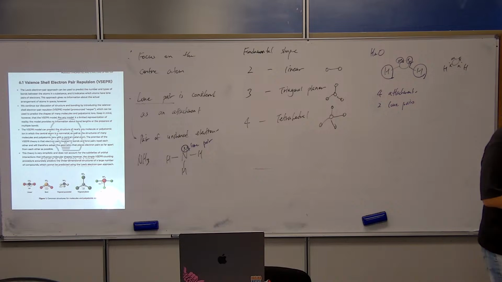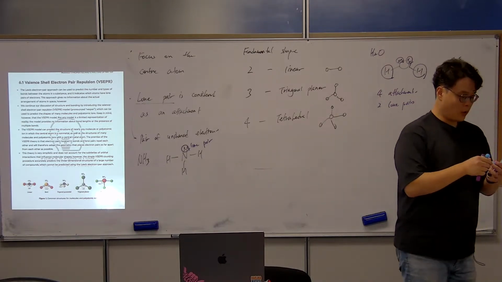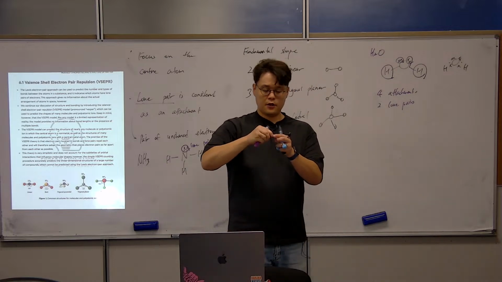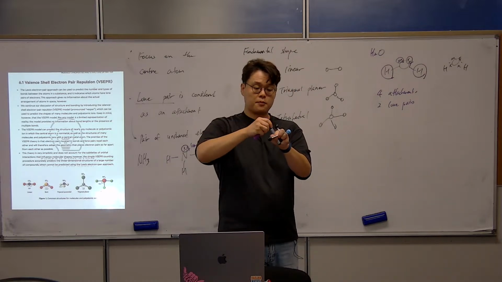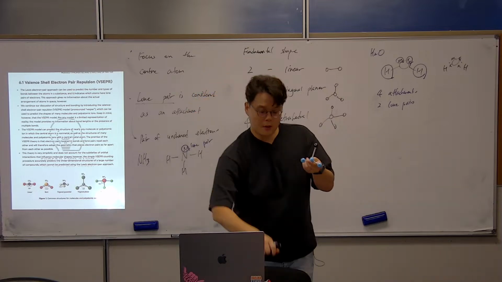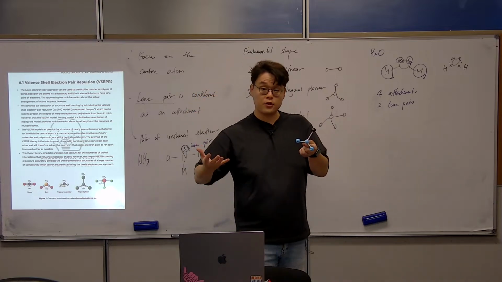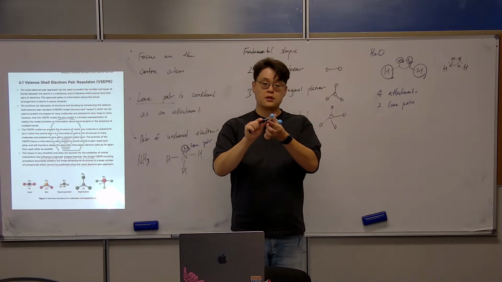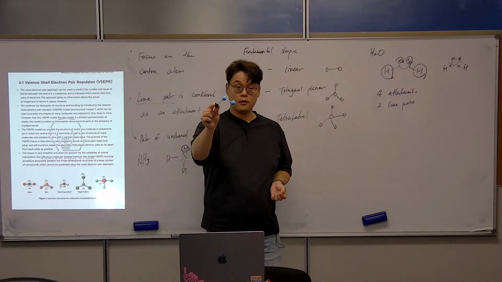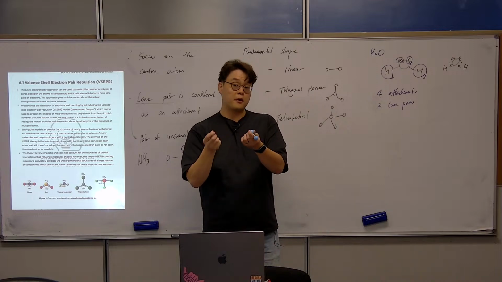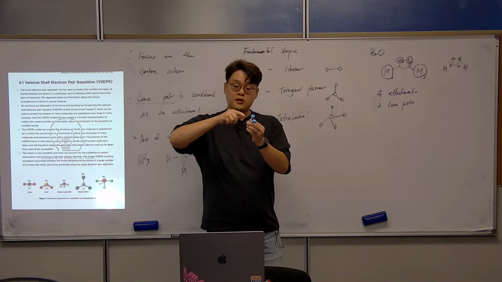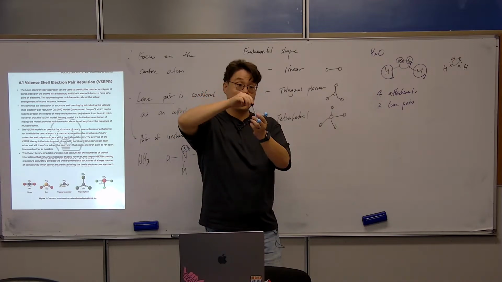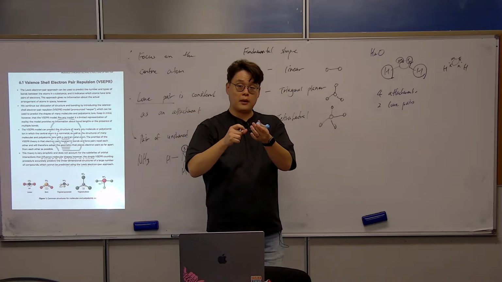So this is what happens. I have 4 attachments, but a lone pair is not really involved in forming the atom. So I take these off, 1 and 2. Then you start to see the bent shape. So this is how we can figure it out: because we have 4, the basic shape is tetrahedral, but because 2 of those are lone pairs, we remove them and leave the structure.